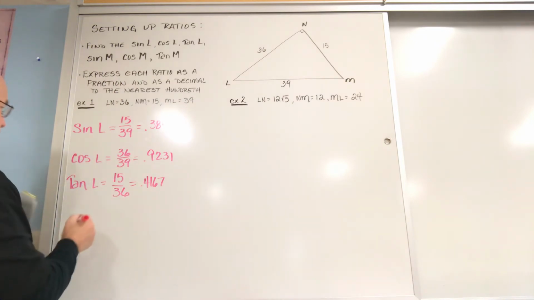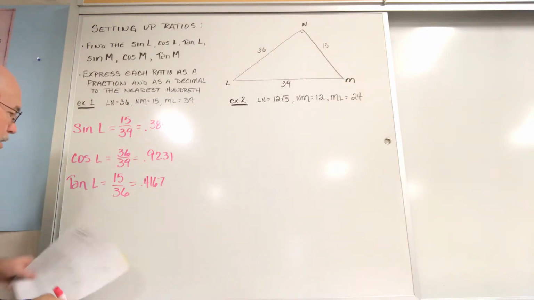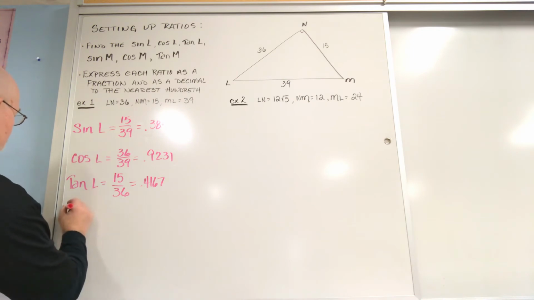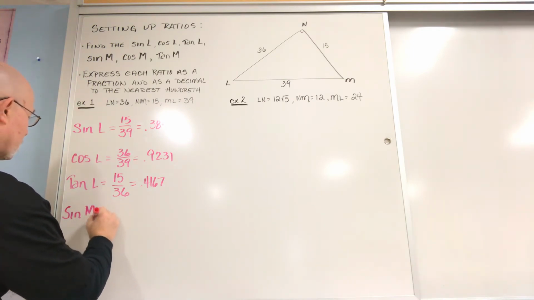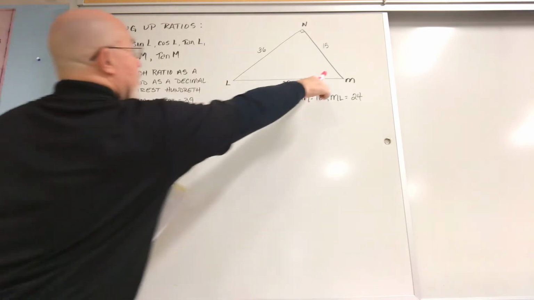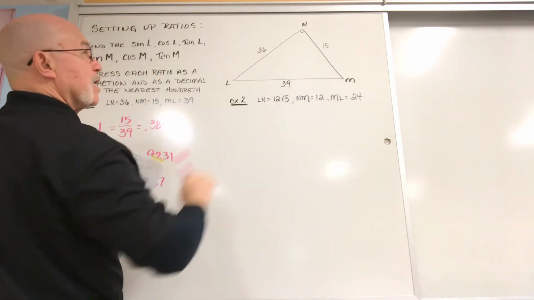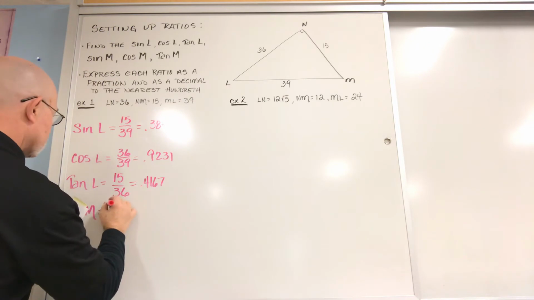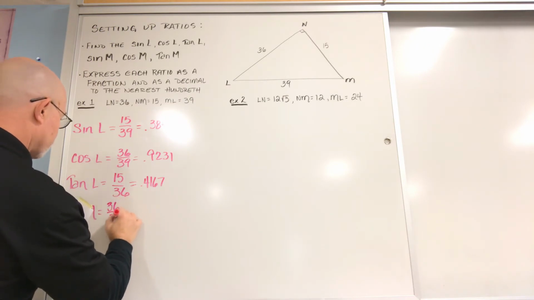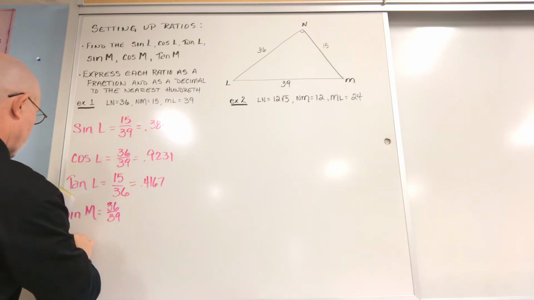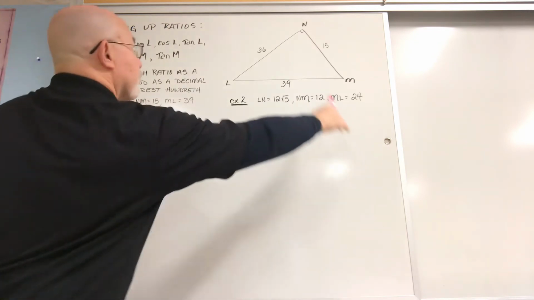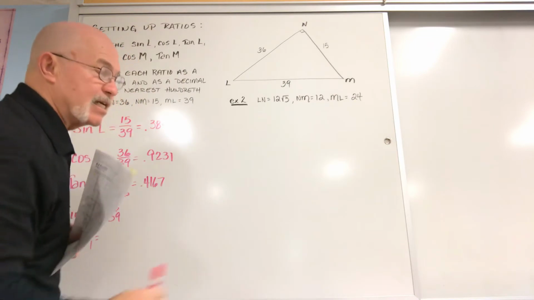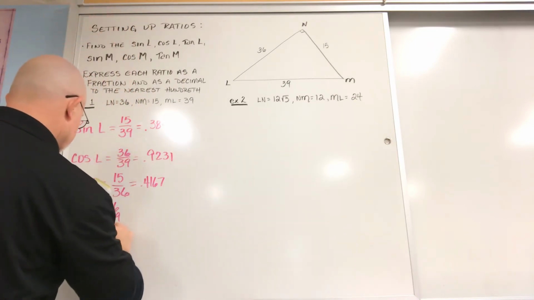Okay, so we've got... we go from M, this is the opposite leg, still a hypotenuse. The cosine, okay, from M, this is the adjacent leg, it's the one next to it.